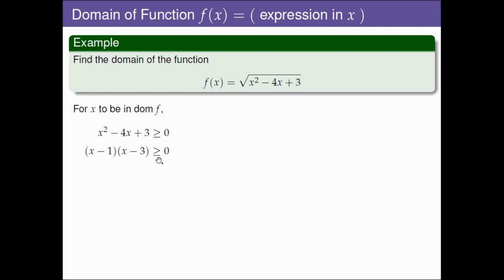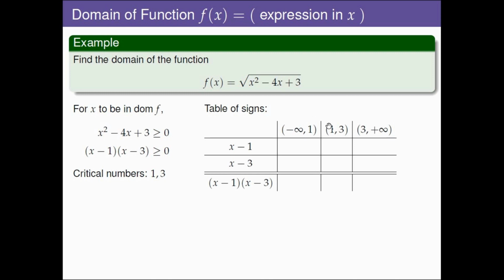Now, for this inequality, we find the critical numbers, or the numbers x for which the expression on the left-hand side is equal to 0. So, the critical numbers are 1 and 3. From the critical numbers, we construct a table of signs as follows.